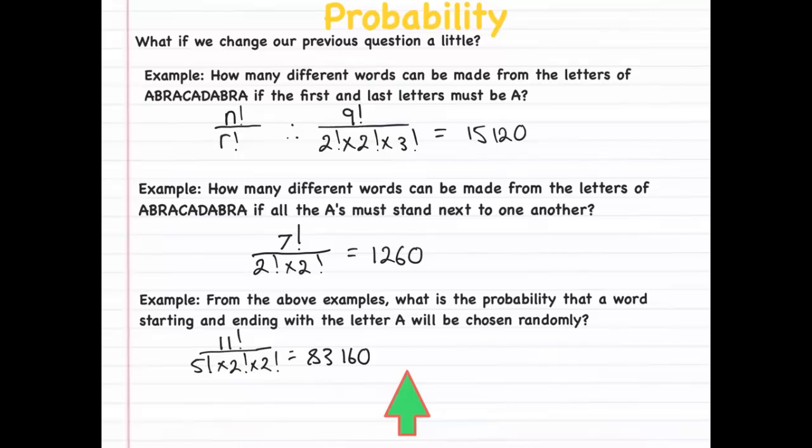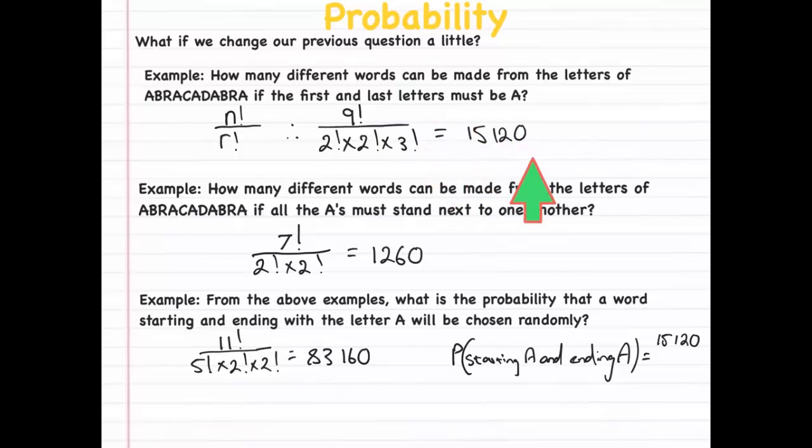So you remember from before, what is probability? So the probability of starting with A and ending with A, okay? That will basically be the 15,120 because that's all the outcomes that we want.